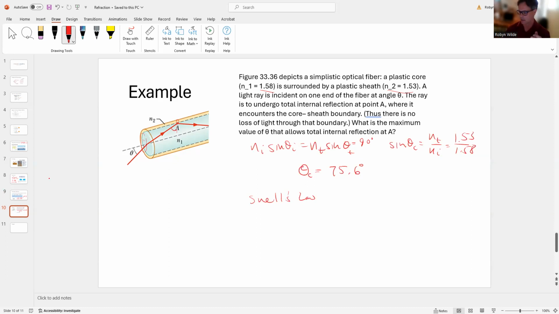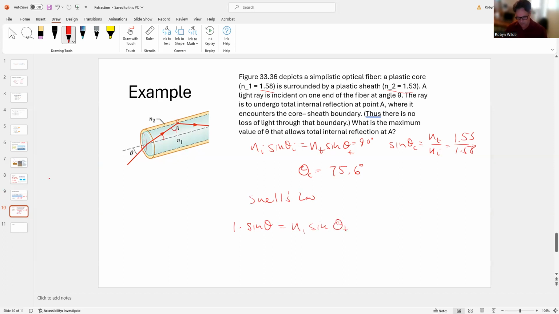My theta there is my incident angle, and my N1 is air, so it's 1 sine of theta equals N sine of theta transmitted.